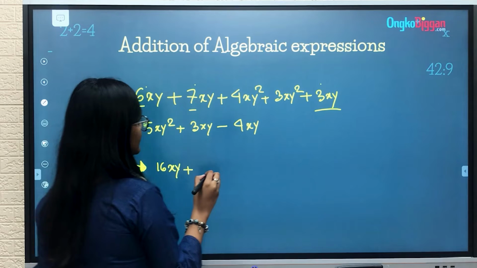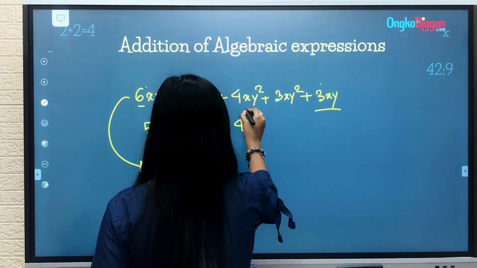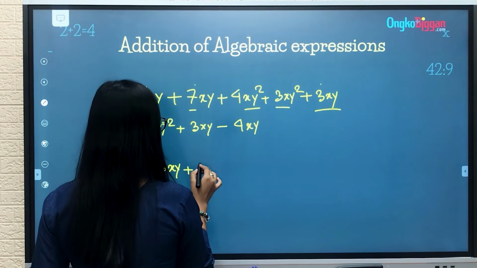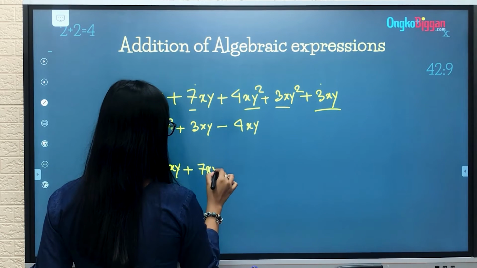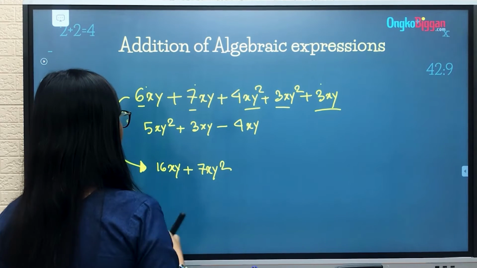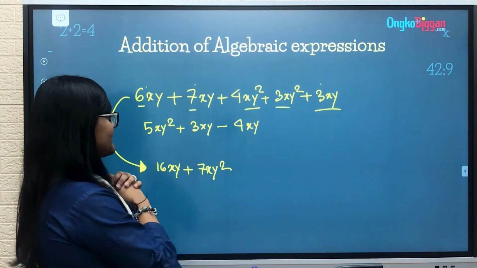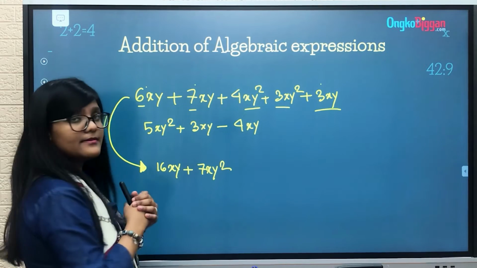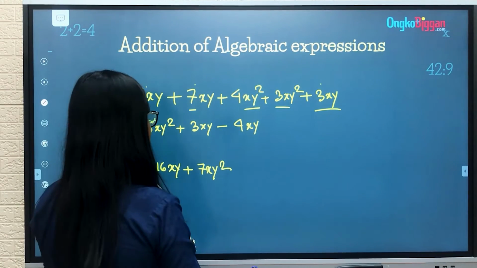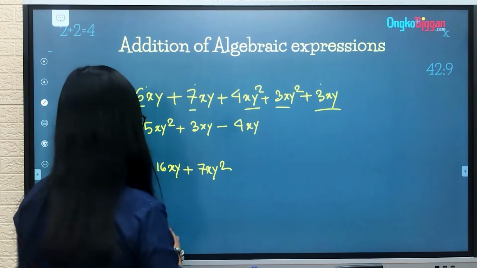And here in xy squared, we have two similar terms, like 4 plus 3, we are getting 7xy squared. So for terms with the same variable, we will just add the coefficients directly and write xy squared as it is.